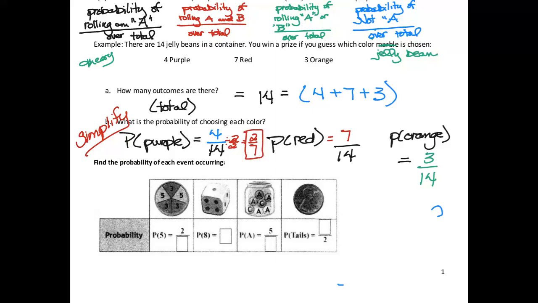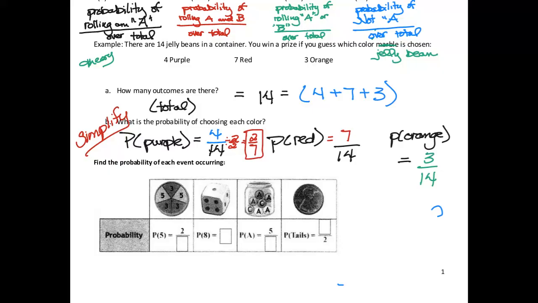Now, if you put 4/14 on the test, you will get credit. But mathematically, it is better to write 2/7. Did everybody hear what I said? This is the yes or no. If you write 4/14, unless it specifically says you must simplify, you'll get credit. But mathematically, it's better to write 2/7.